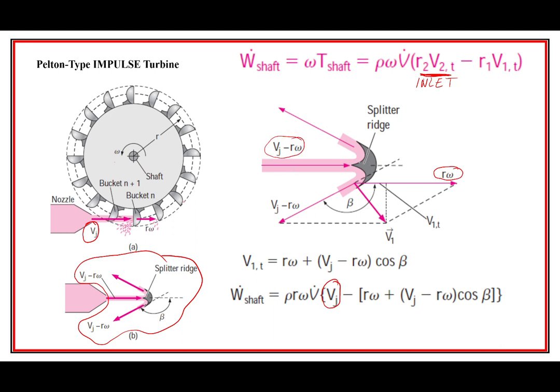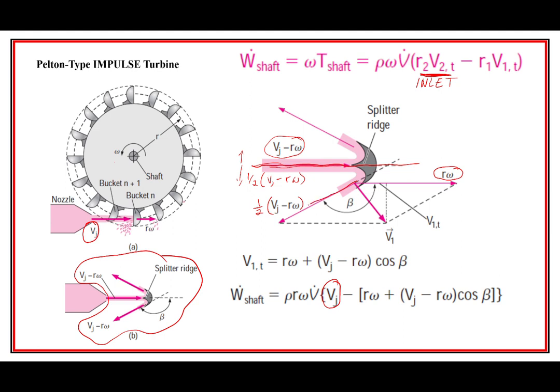Because this is a double-sided thing, you might want to look at only half of it. So what we're really looking at is 1/2 (Vj minus r omega) on this side, and on the other side we have a mirror image, and so the outlet has to be 1/2, right? Because of conservation of mass, the inlet on this side is going to equal the outlet on a relative motion basis.